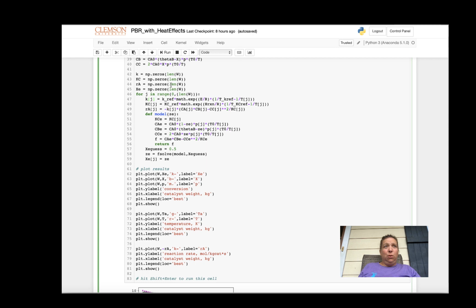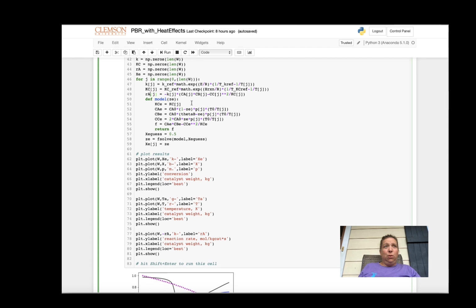So it's going to go 0, 1, 2, 3, 4, 5, 6, 7, and so on. Each time, it's going to create a value for K at that index position based on the temperature vector at that index position, and so on for the equilibrium constant and the reaction rate.